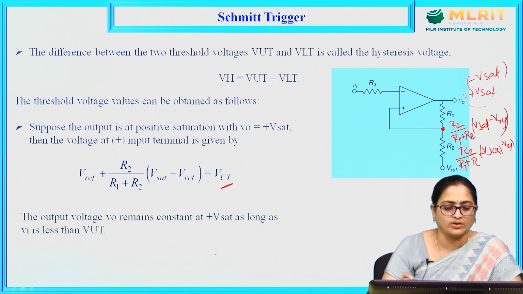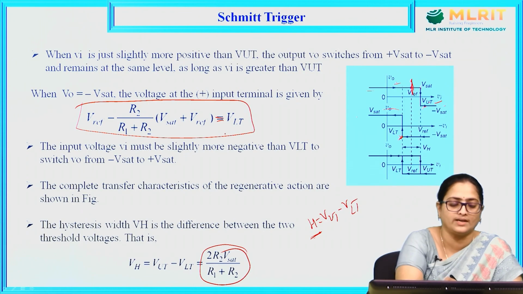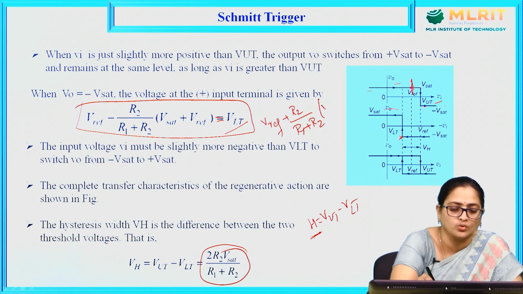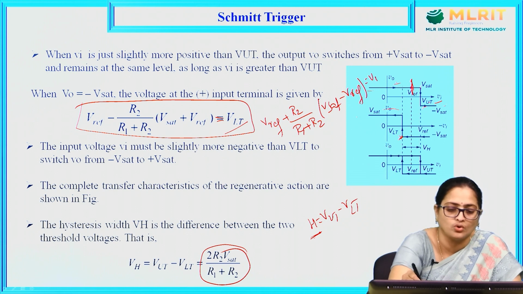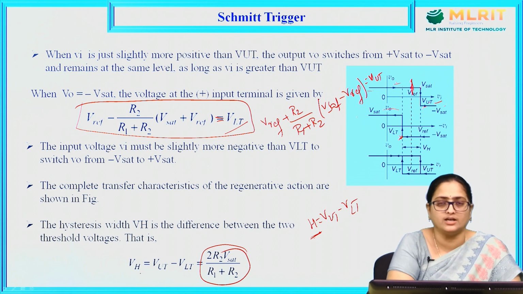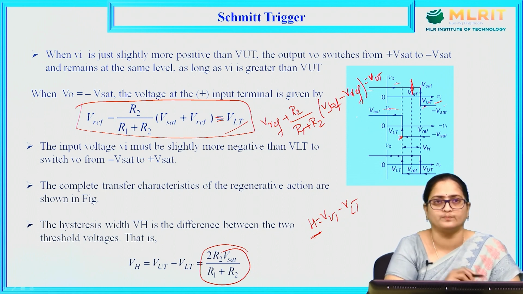That is just the difference between the upper threshold voltage value and the lower threshold value. If you subtract these two, you will be getting the hysteresis voltage, which is given as VUT minus VLT equal to 2R2 Vsat by R1 plus R2.